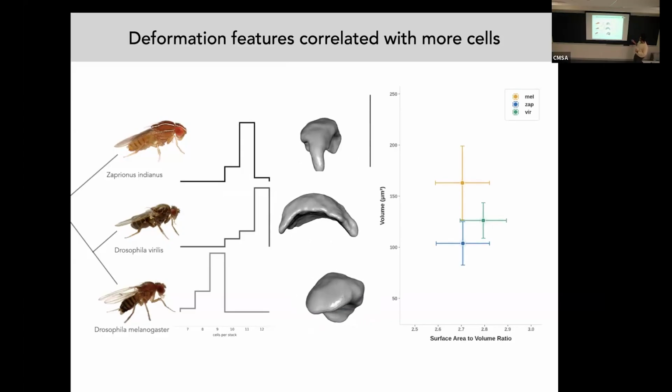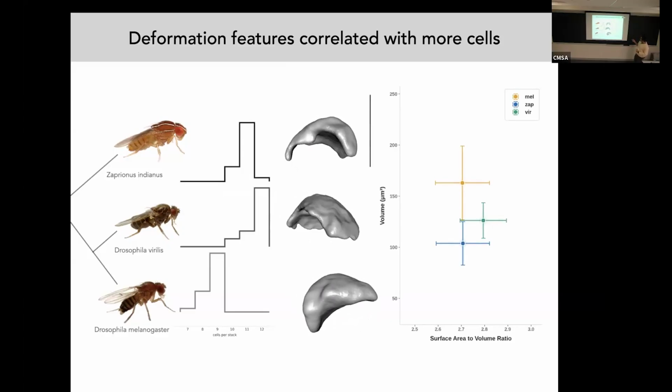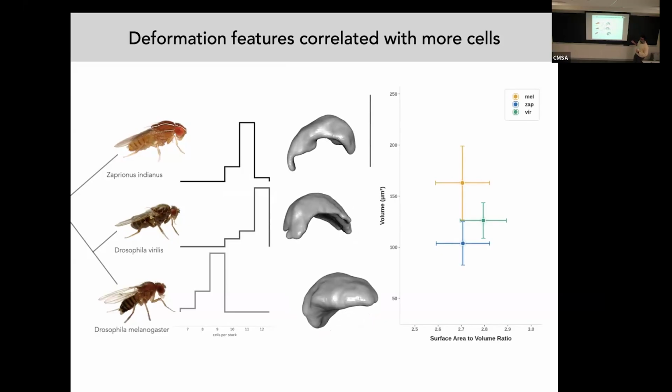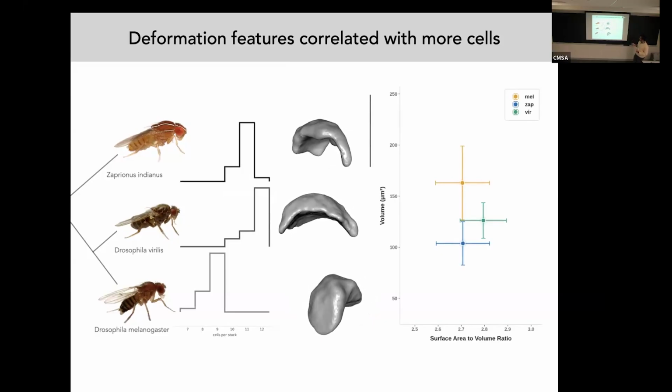And what we find is that melanogaster is sitting somewhere over here, and in Zapier, which is packing about 11 cells, we see a dip in the volume, but not a big change in the surface area to volume ratio.